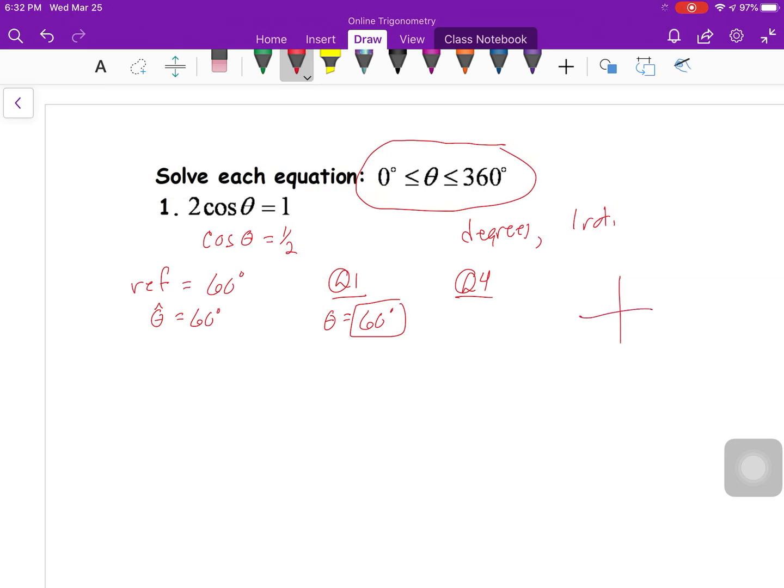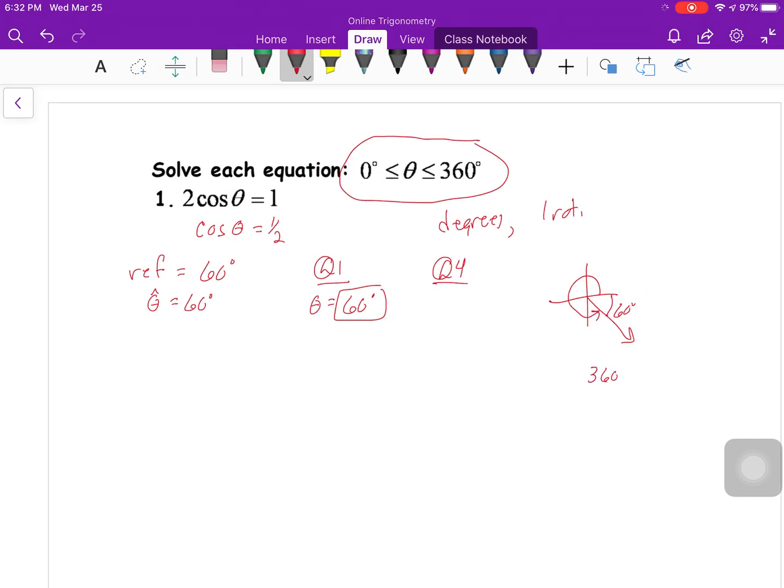So in quadrant 4, we have to go 60 degrees down from the x-axis. And then to figure out what this angle is, we would take a full circle, 360, and subtract 60. So we find out that in quadrant 4, we have 300 degrees.